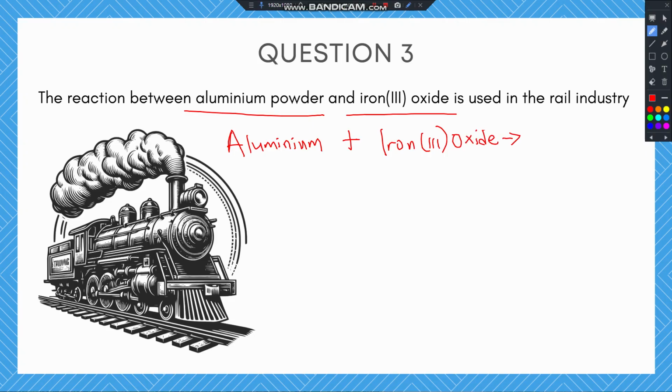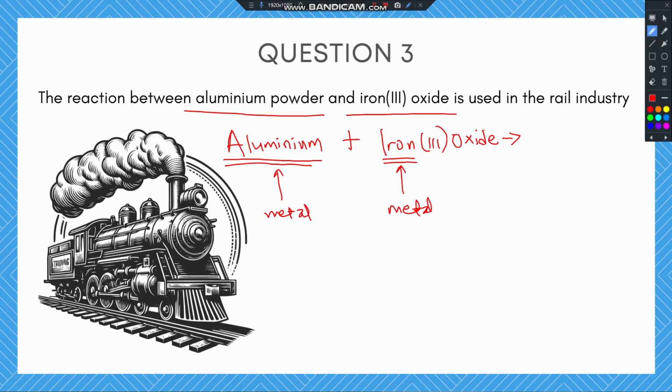So what is this reaction going to produce? First things first, we have the first metal standing alone. This is aluminium, it's a metal. And we have the second metal, which is iron, standing in a compound. So the next question to ask is between aluminium and iron, which one is more reactive?